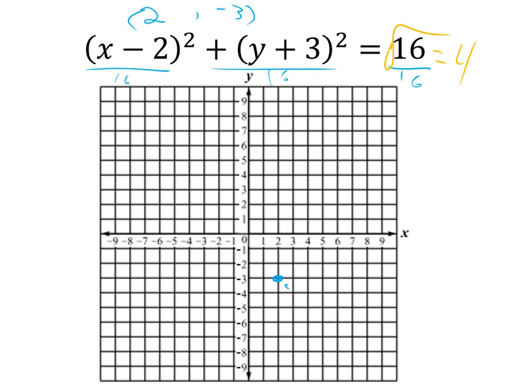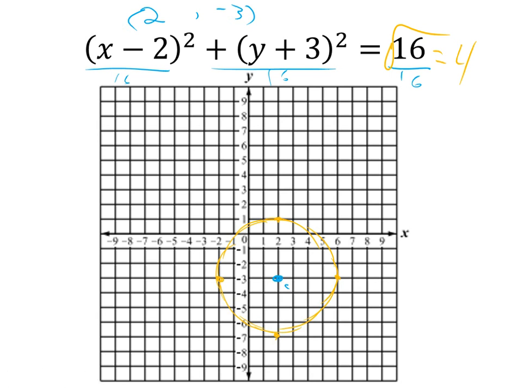So we're going to move 4 left and right, and up and down, and then we just arc it. And there's our circle.